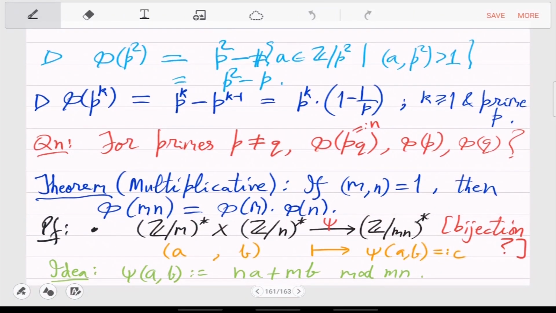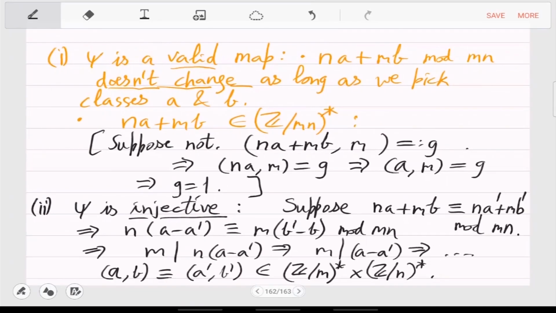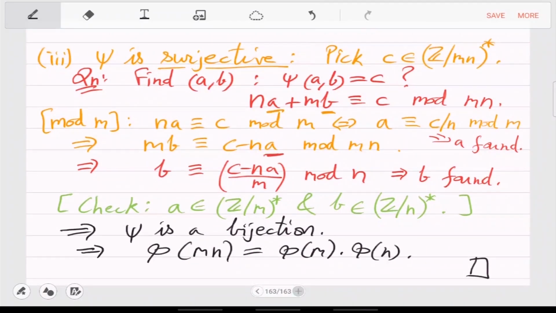Okay, so this proof uses a lot of things that you have learnt in this course, and it proves this interesting property that now the totient function you can write down completely in a closed form. Let me just write that down, it follows directly.